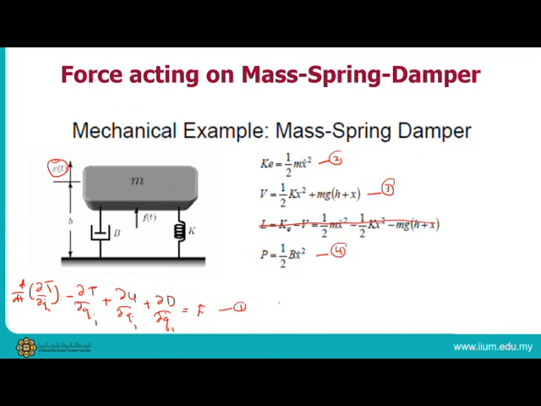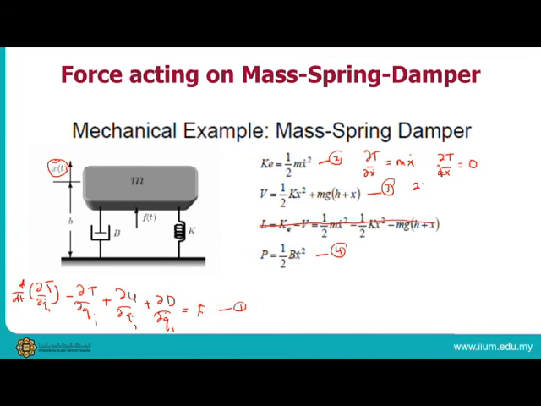And then okay, you need to differentiate this one. Okay, d over dx dot should be equal to m x dot, right? And then if you try to calculate dt over dx, it should be equal to 0, right? Because there's no x here, it's only x dot.